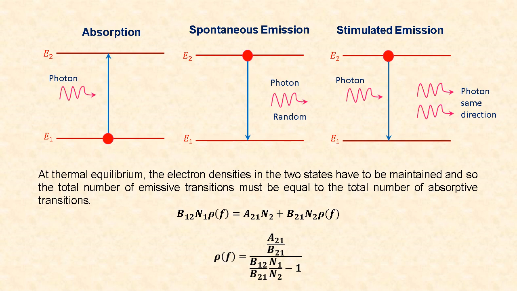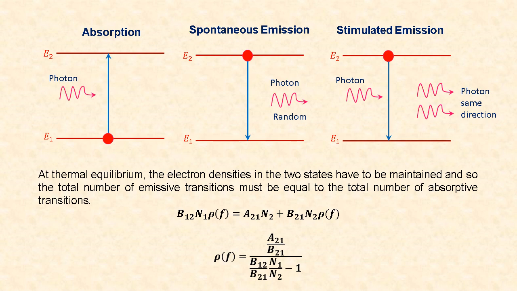In spontaneous emission, the electron in the higher energy level E2 spontaneously, that is due to its natural tendency, jumps to the ground state E1 and emits a photon which moves in a random direction. It does not require any external photon for stimulating the process.